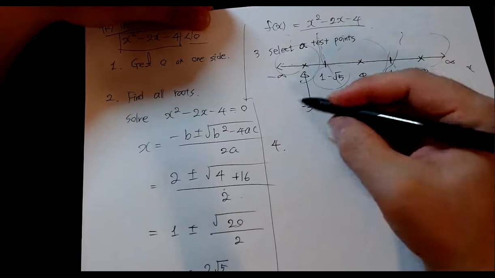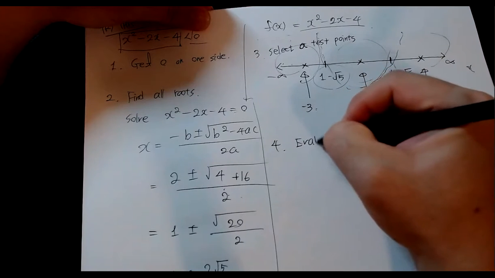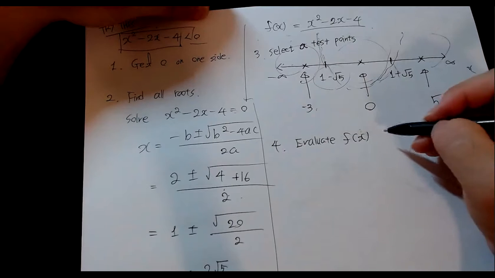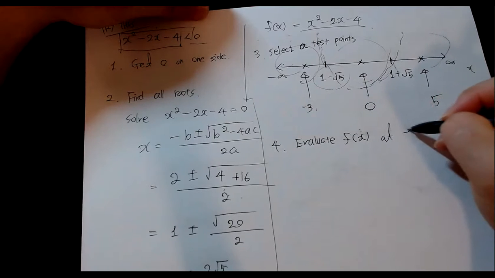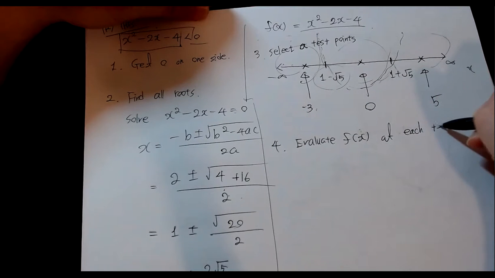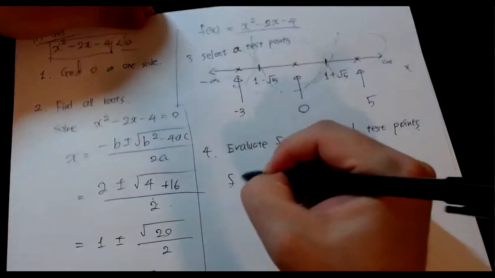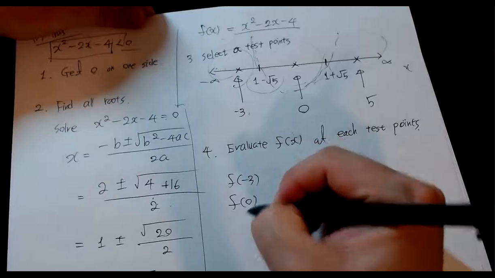Step 4, evaluate the quadratic function at each test point. So now we need f of negative 3, f of 0, and f of 5.